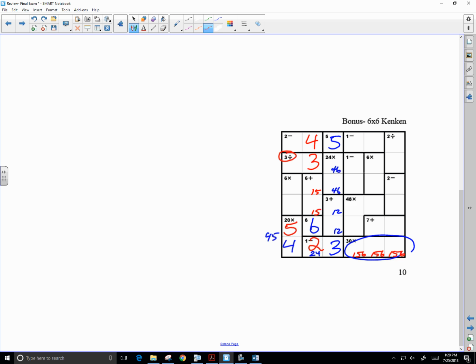That upper left-hand corner can either be a 2 or a 6, which may be good news. We'll see in a second. This guy over here, to get to a quotient of 3, 1 or 9, and 9's not possible. It's not in the domain, so it has to be a 1.